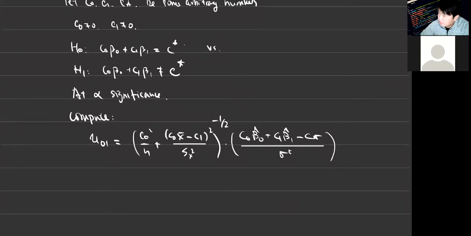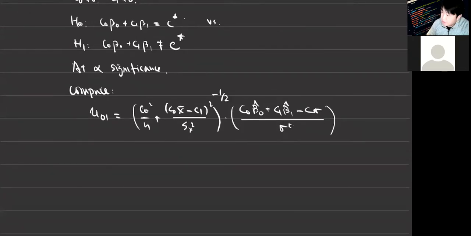So this is the test statistic of this theorem, and the conclusion of this theorem says you can then compare U01 with the critical value.